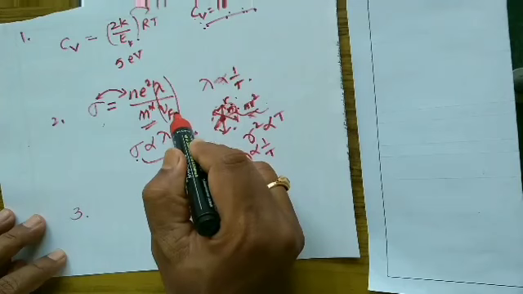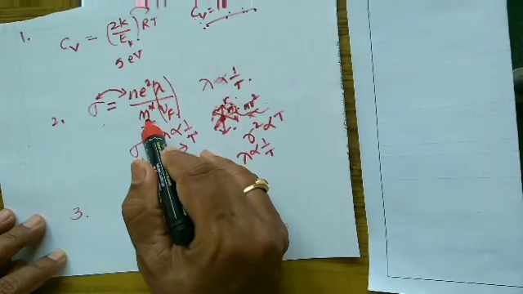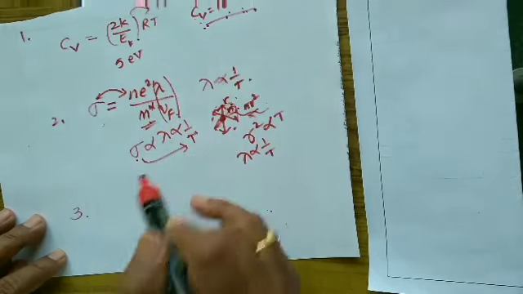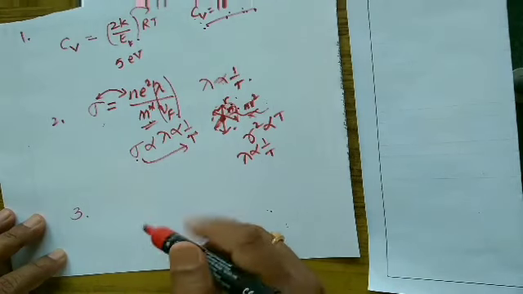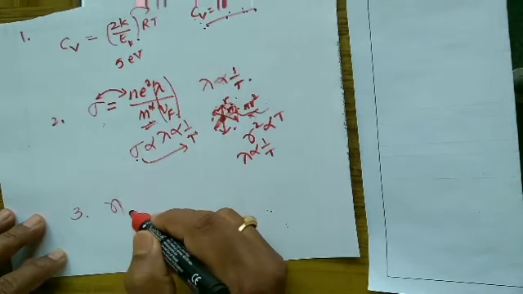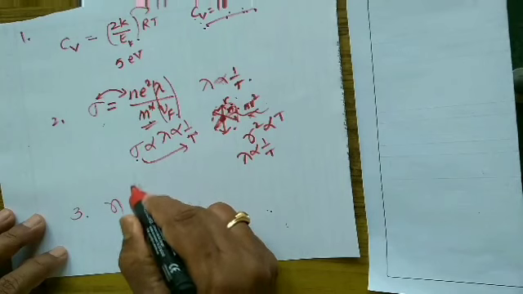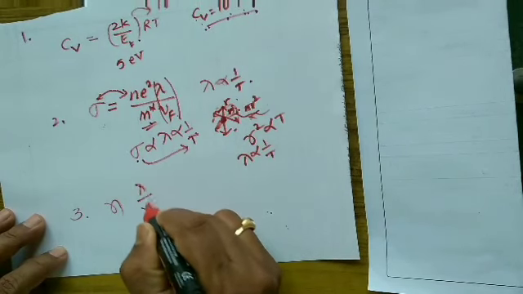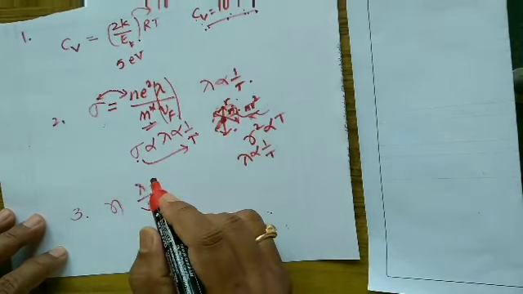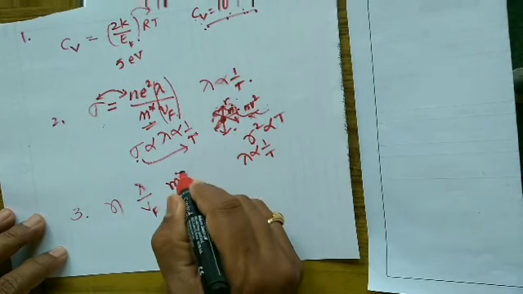Some metals having relatively small electron concentration n are found to have high ratio, that is lambda by Vf, and small m star. This is high and this is small.